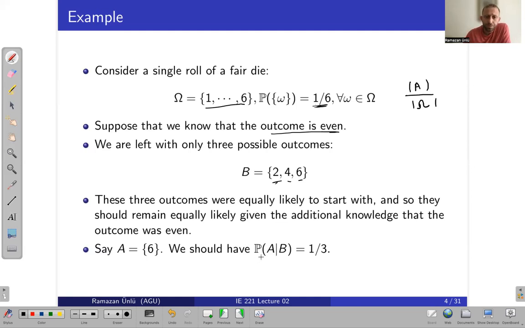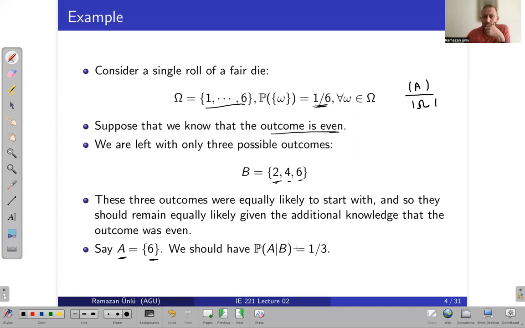Let's say the event A is 6. The whole question is, what is the probability of getting 6 if the outcome is even? The partial information here is that the outcome is even.